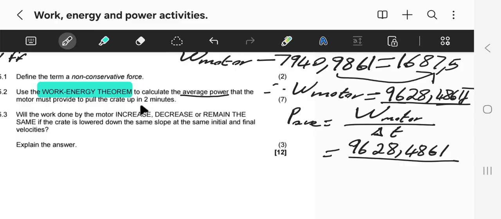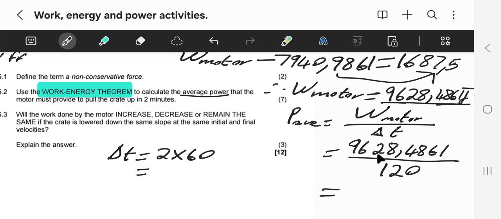What is our time? This is our time, guys. We see that our time is in minutes, but we want our time to be in seconds. So for me to convert my time from minutes to seconds, I have to multiply by 60. If I say 2 multiplied by 60, what do I get? I should get 120.